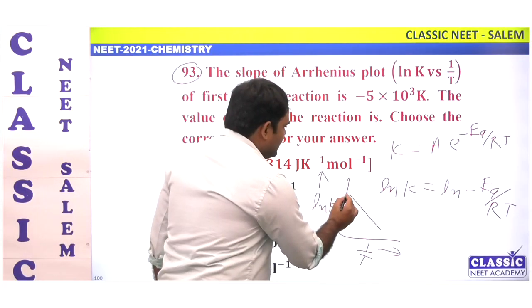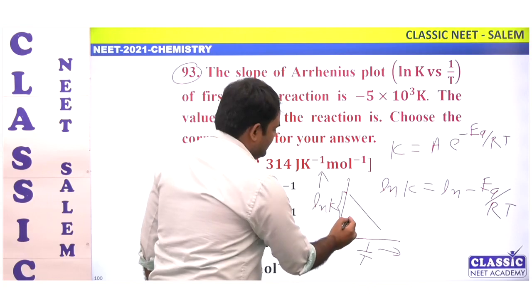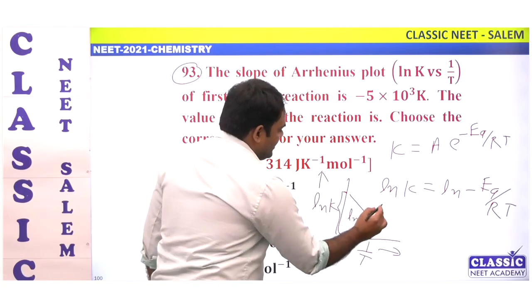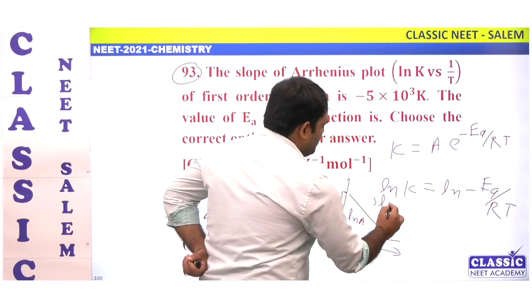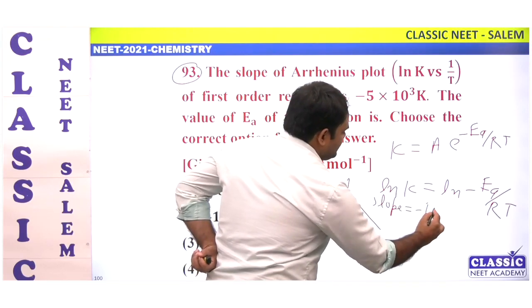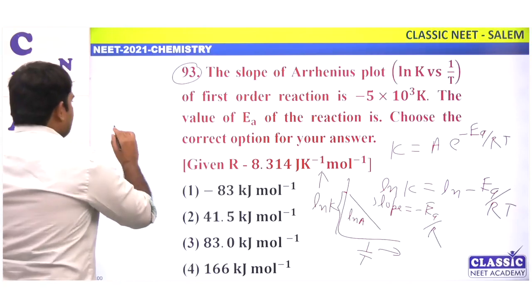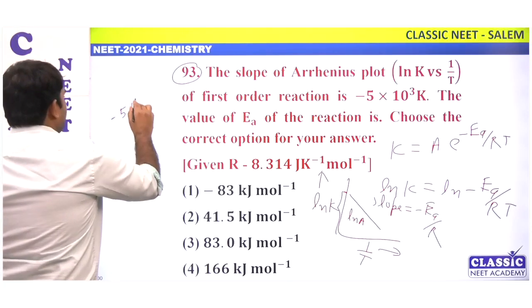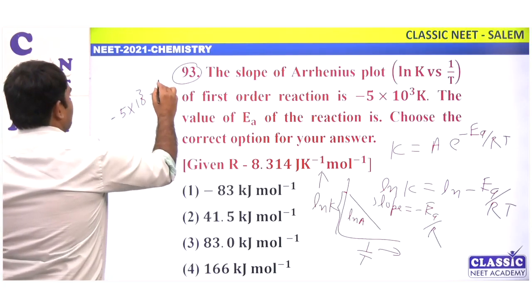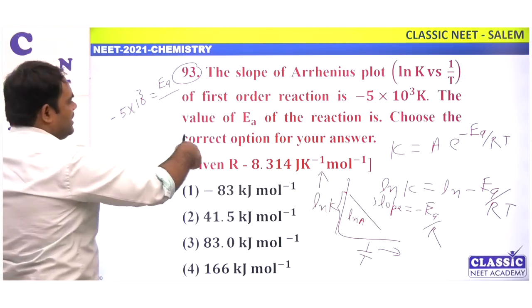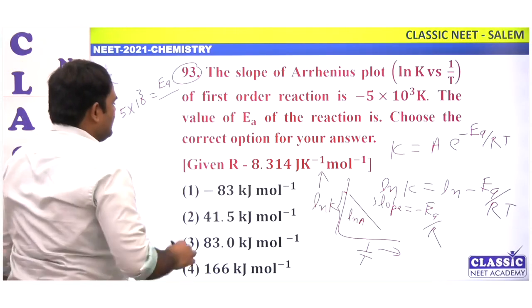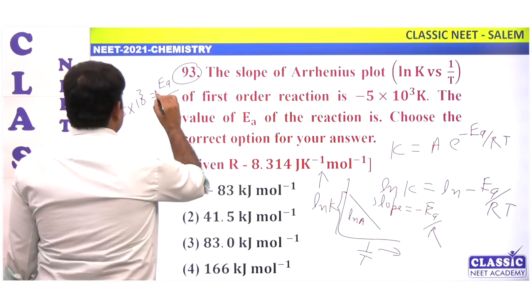And what about this thing? This is our ln A. That is the intercept, and the slope is coming as minus Ea upon R. So what slope value is given? This is given as minus 5 into 10 to power 3. So Ea. What about the R value? This is given as 8.314.